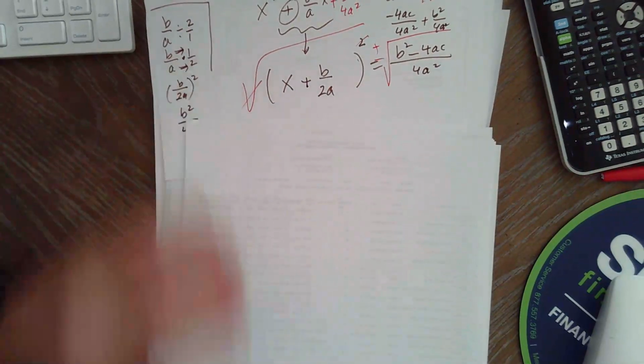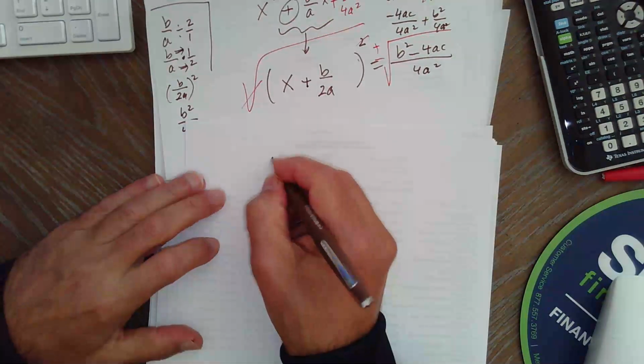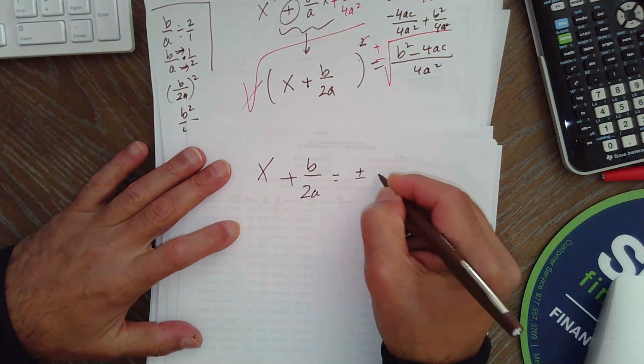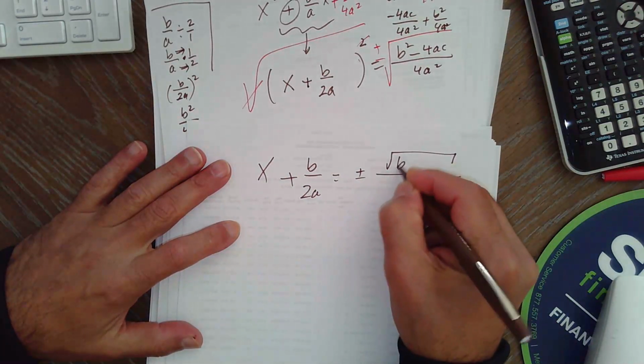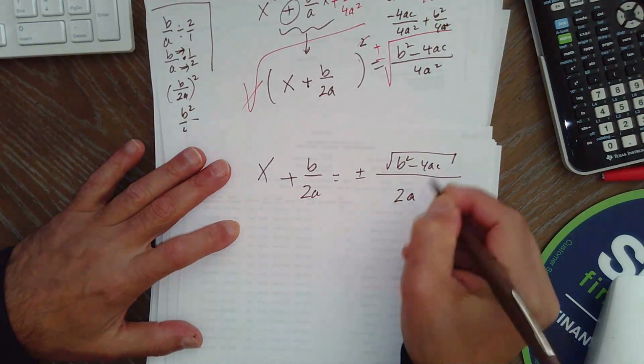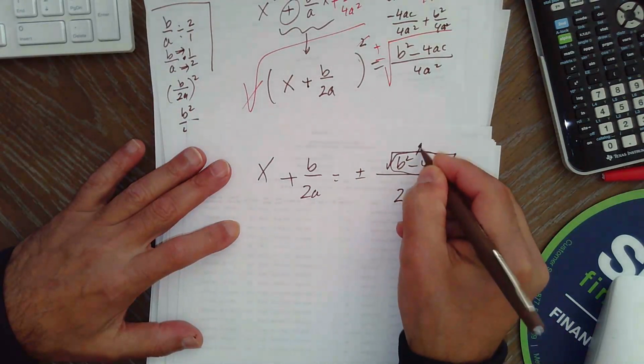So we got x plus b over 2a equals plus or minus square root of b squared minus 4ac over square root of 4a squared, which is 2a. This guy is called the discriminant.